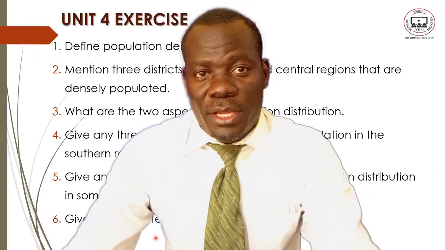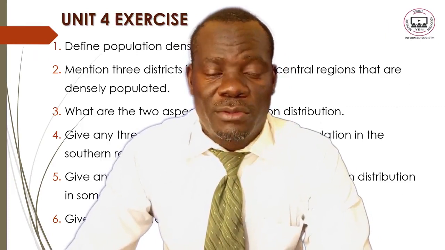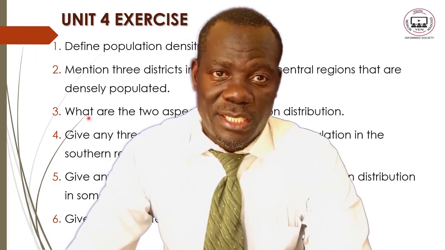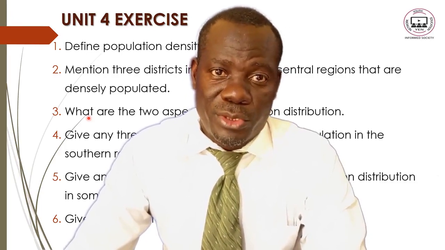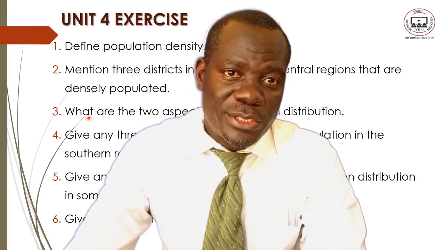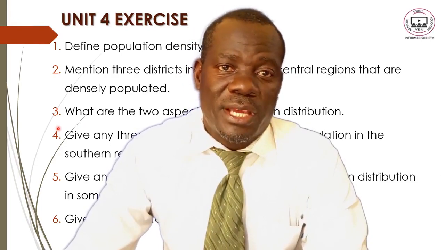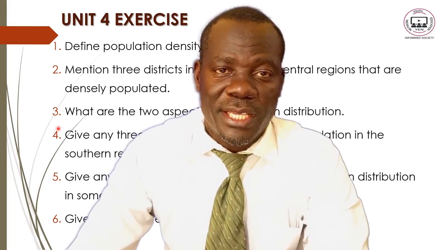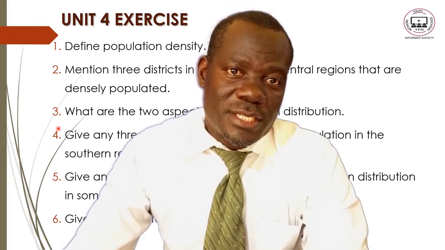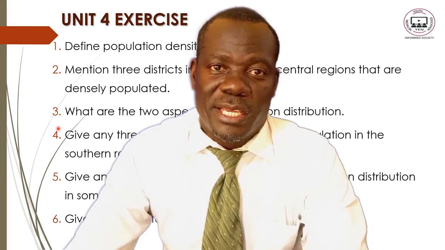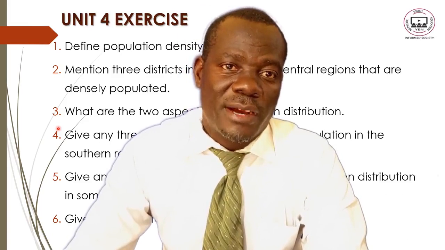Now, thus far, we have come to the end of this unit 4, where we are looking at population density. We have looked at a number of issues: the population distribution, the dense population, and the sparse population. We have looked at the areas with high population in Malawi and some areas with low population, and factors that influence high population in some areas like the southern and the central region, and other regions where they have low population.